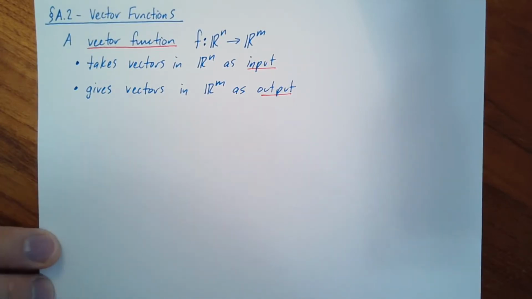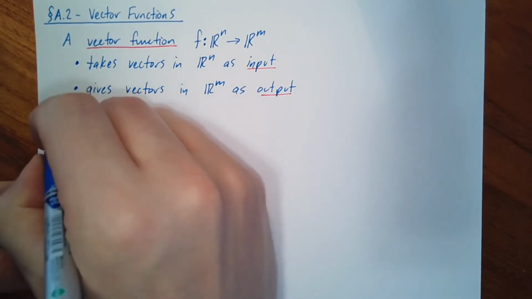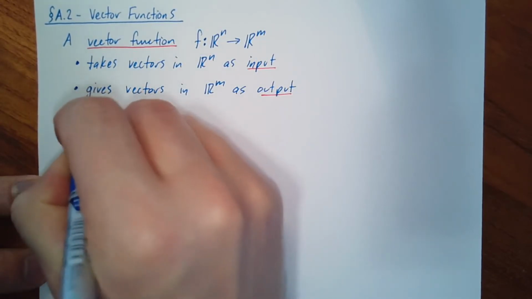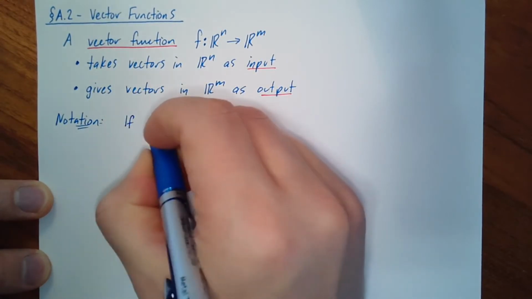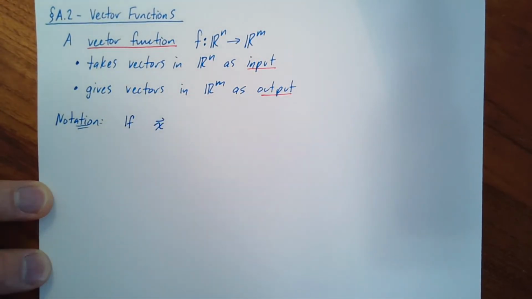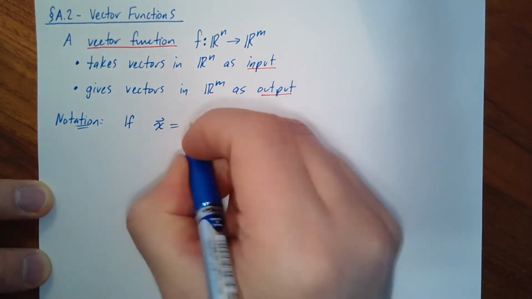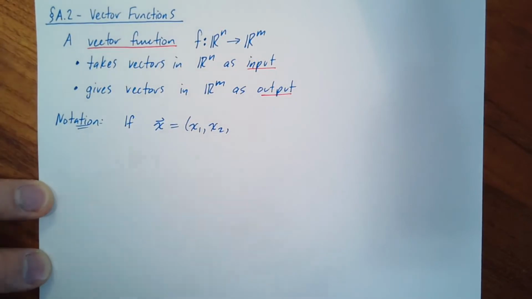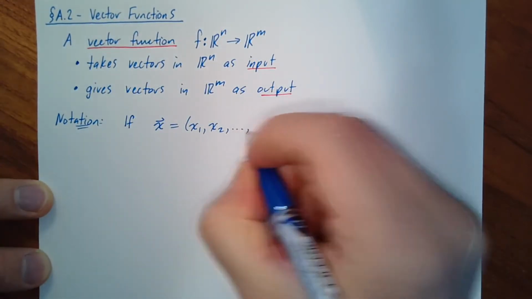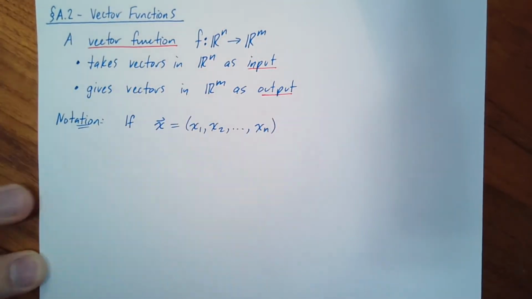One more piece of notation before I give you an example. So if I have a vector x in Rn, and I write it out in terms of its coordinates in the usual way, so maybe I'll go x1 as the first coordinate, x2 as the second coordinate, all the way up to xn as the last coordinate.